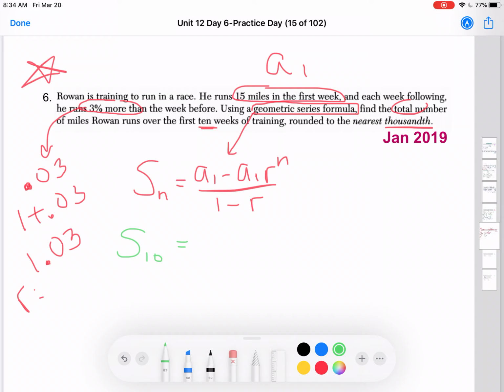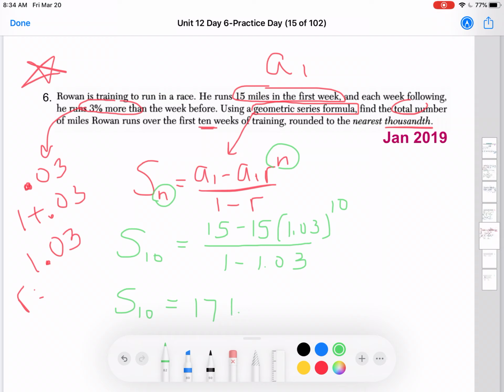Okay, sorry. Okay, and so the first term, 15 minus 15, common ratio, raised to the 10th, right? Because whatever you're putting in for n goes in both places. 1 minus 1.03. We wind up with 171.95818.